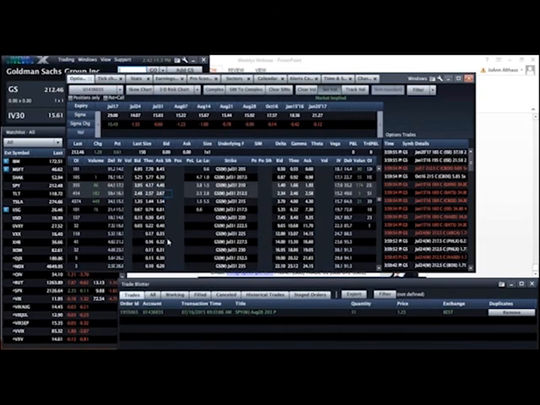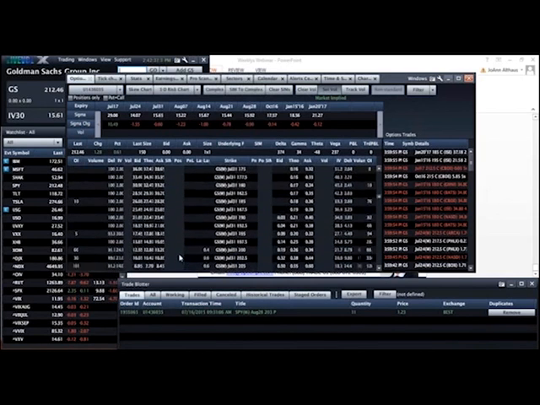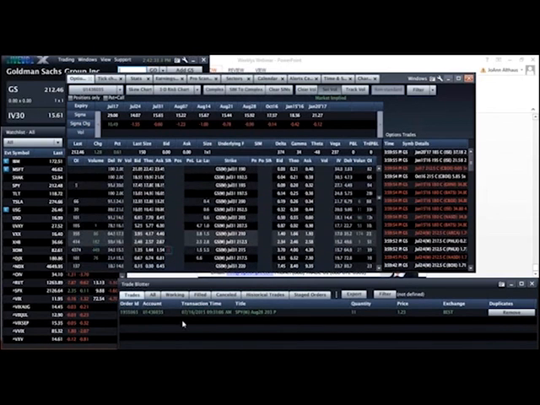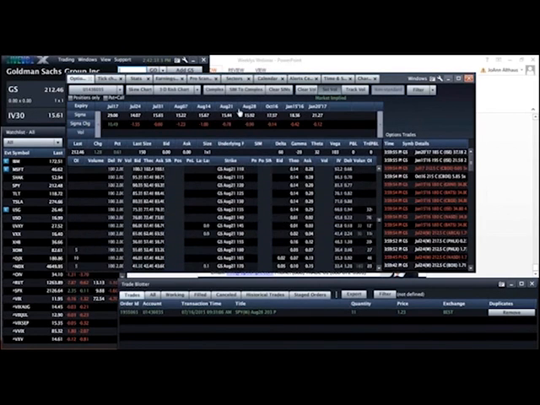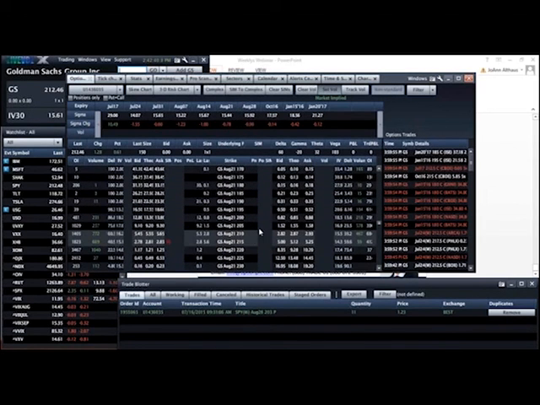This is how I can use weeklies to my advantage. I can sell here, buy the regular August, and do like 10 of them. Then I might look at August and say, boy, that volatility is cheap enough, why don't I buy like 1 or 2?